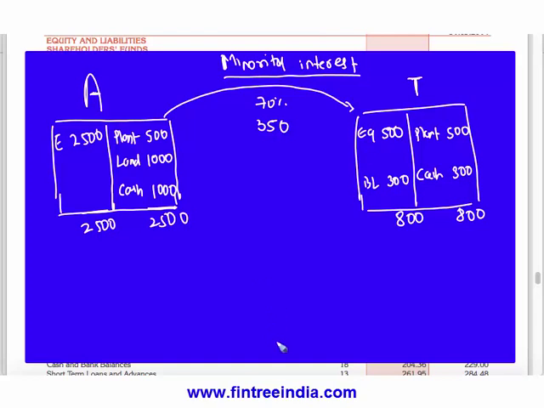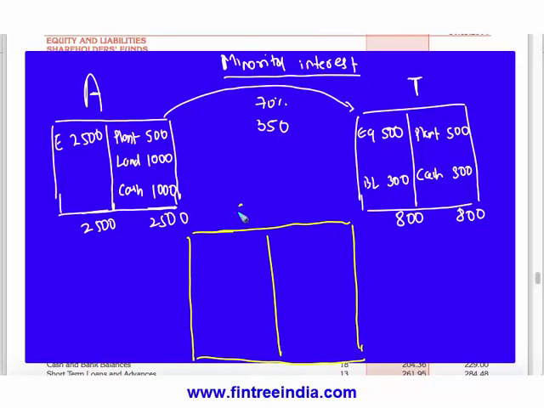So now what we would do is we would prepare a consolidated financial statement. Okay, so now this is the consolidated balance sheet. So now what we would say is the plant of the consolidated entity is 500 plus 500.